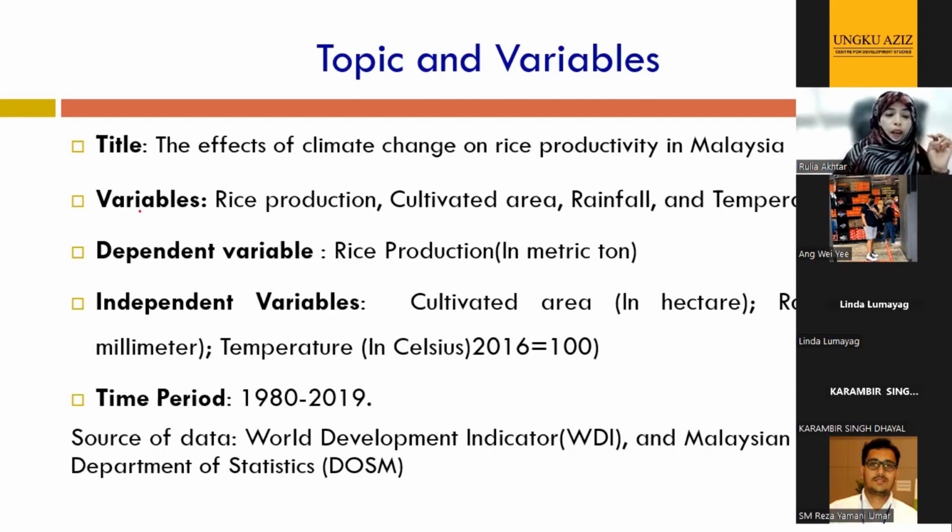So here, our dependent variable is rice production in metric tons, and we took cultivated area, rainfall, and temperature. Here we didn't take only the climate change variables, but also a non-climatic variable, right?